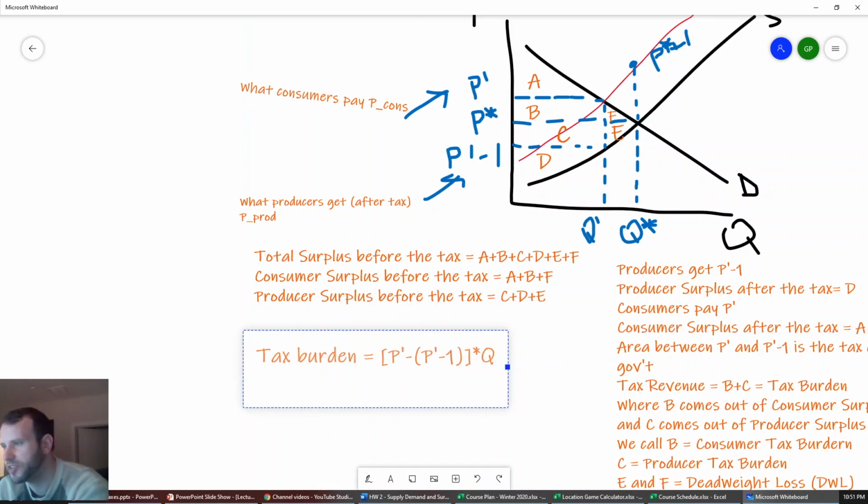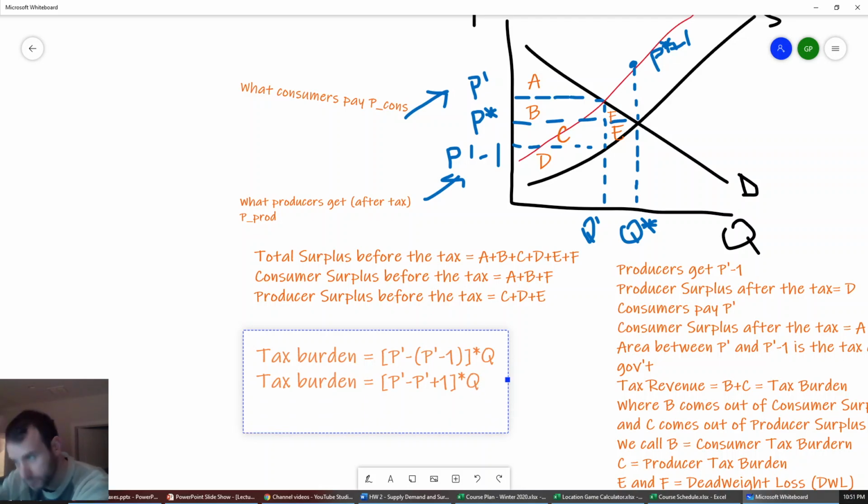If we simplify the tax burden, you have P prime minus P prime minus 1. If we distribute out the minus sign here, this will be minus P prime, and then this will be plus 1, times Q. So this will be 1 times Q. Then I'm going to be specific.